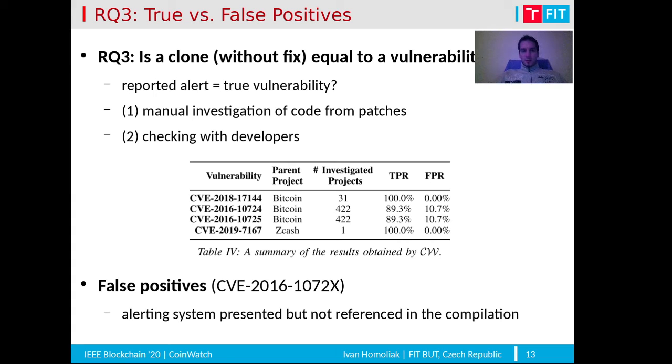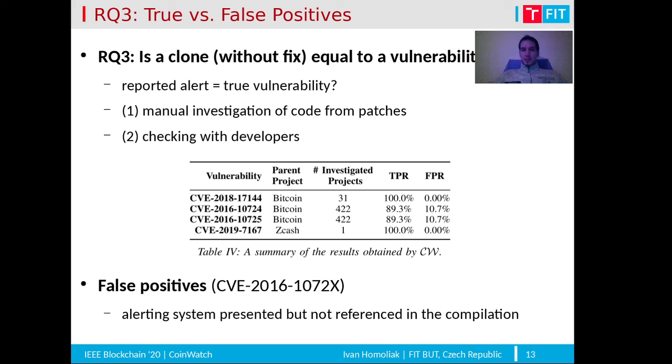There are 2 ways to analyze the answer to this question. First is manual investigation of the code from our patches, which is very time consuming. And the second one is checking with the developers and maintainers of the cryptocurrency project. We performed both of them, and the results are summarized in the table.